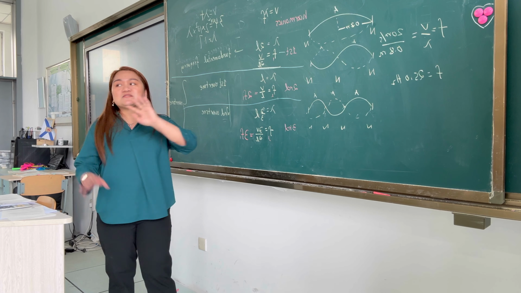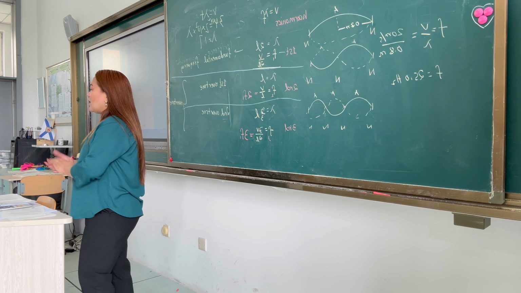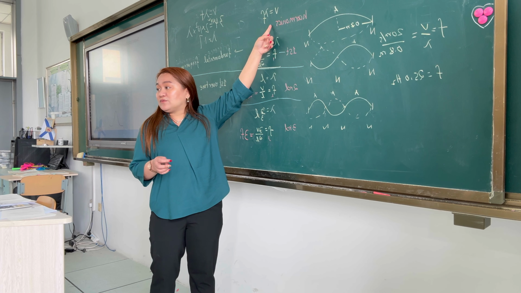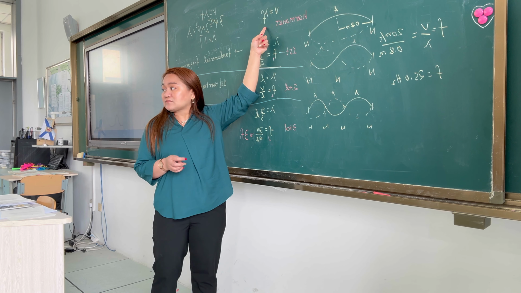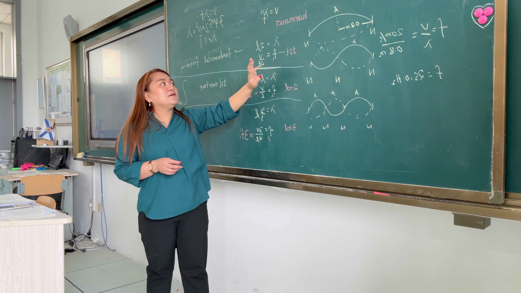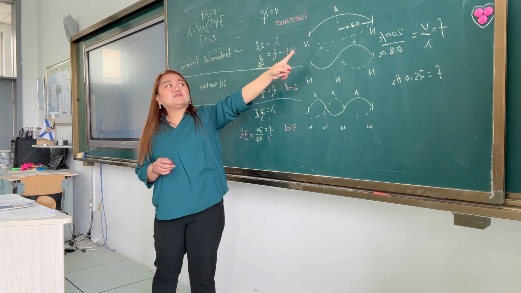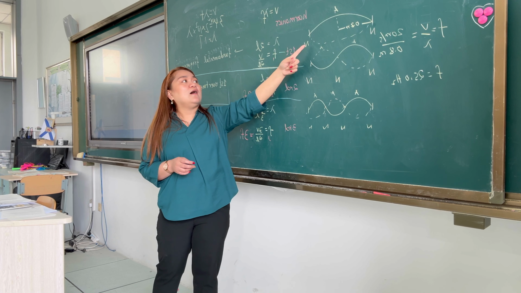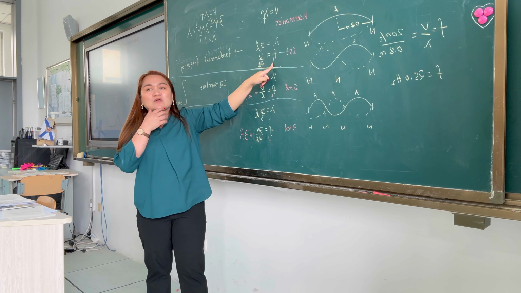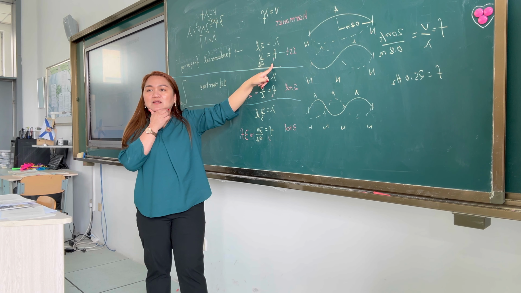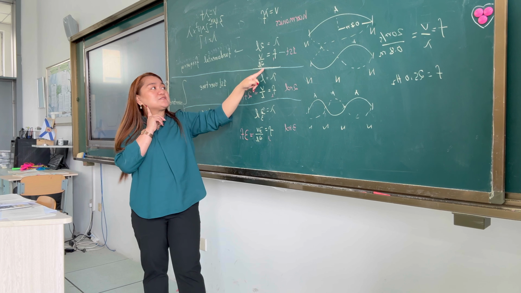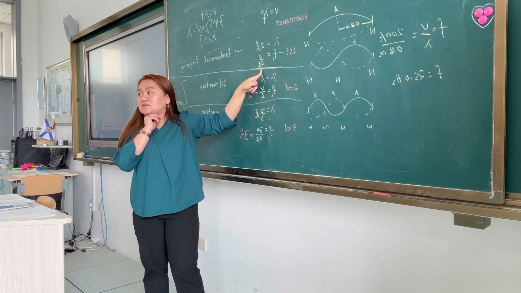Since we have learned the wave equation, V equals lambda times F, for the first diagram our F1 will be V over 2L, because this wavelength is equal to 2L.